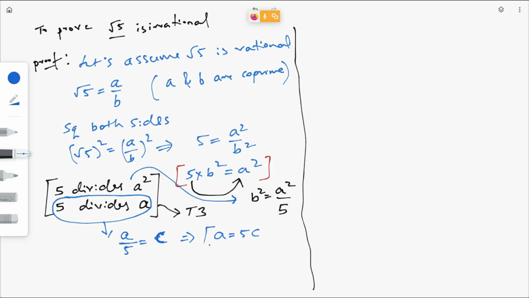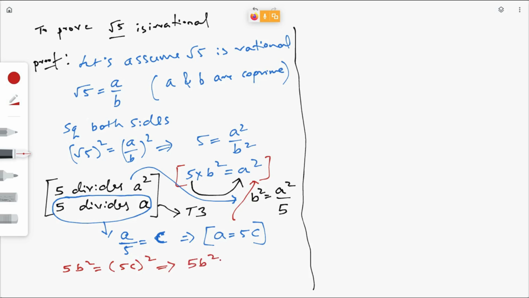So now substitute a is equal to 5c in this equation. So you will get 5b square is equal to 5c whole square.